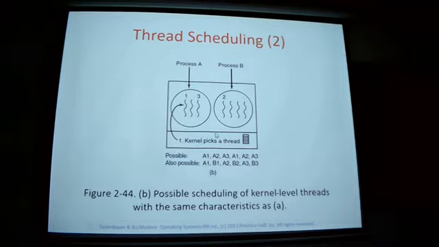It's just scheduling among threads instead of processes. In the following list, maybe the kernel first picks thread 1 from process A, and then thread 1 from process B. Then thread 2, thread 2, thread 3, thread 3.